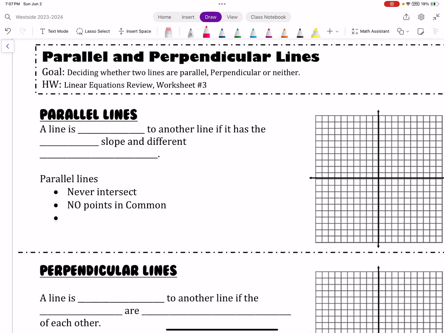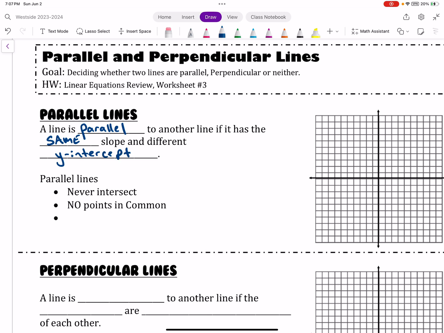A line is said to be parallel to another line if it has the exact same slope and a different y-intercept. So if we're looking at the equations, sorry, that should be a c.